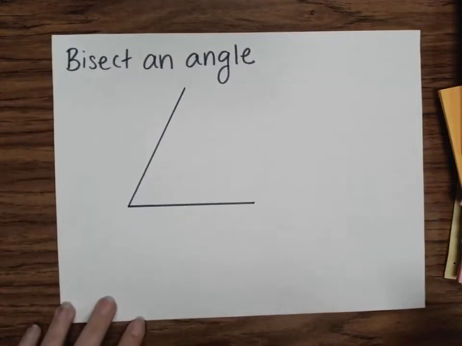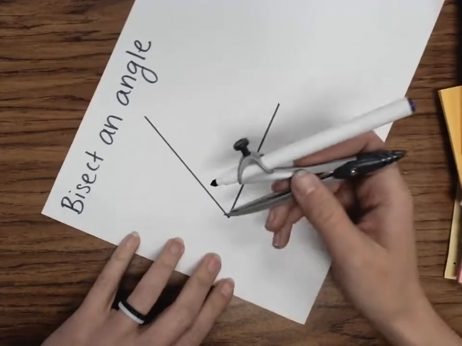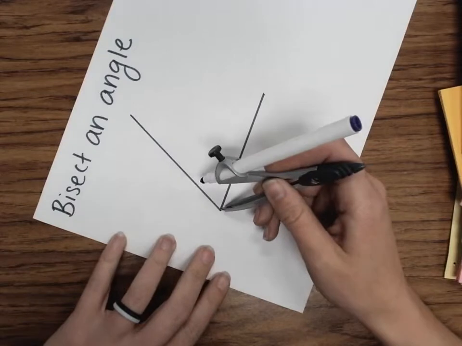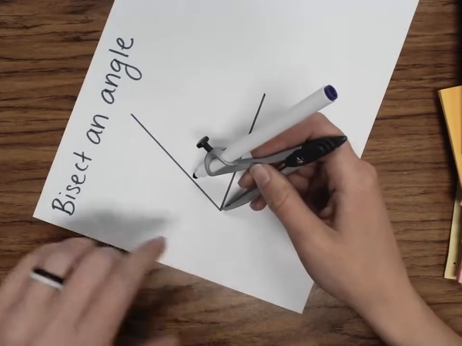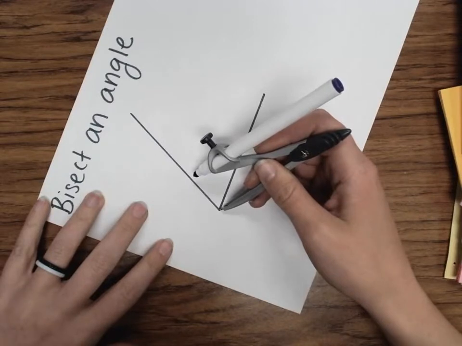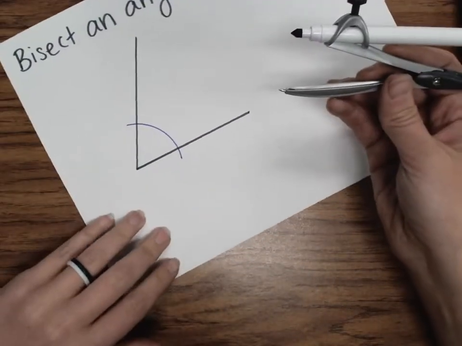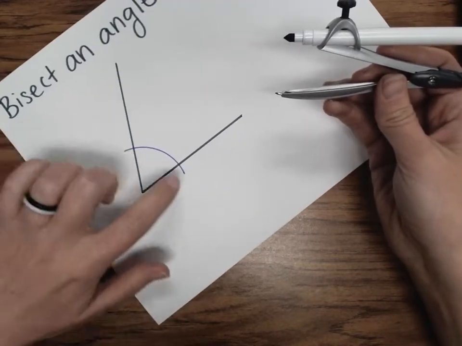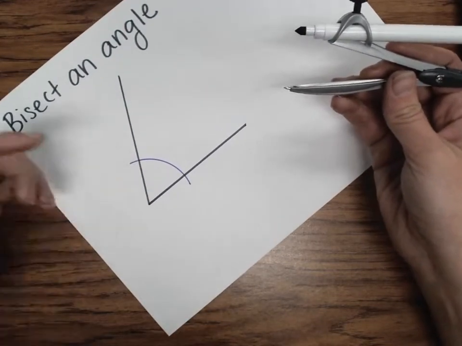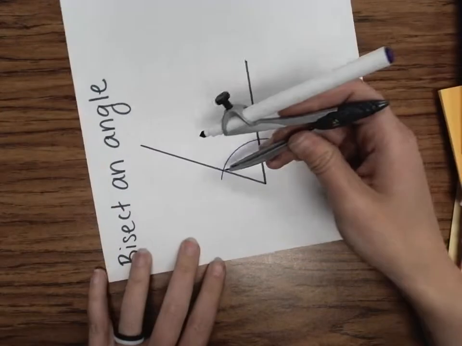Bisect an angle. Okay, so you are going to take your compass and put it on the vertex of the angle. And again, when you're doing this, we're going to make an arc that crosses, and it does not matter what the radius is. So there's an arc there. And then basically we're going to make two more arcs from each of these points of intersection. You can leave the compass the same length, or you can make it a little bit bigger. Doesn't really matter.